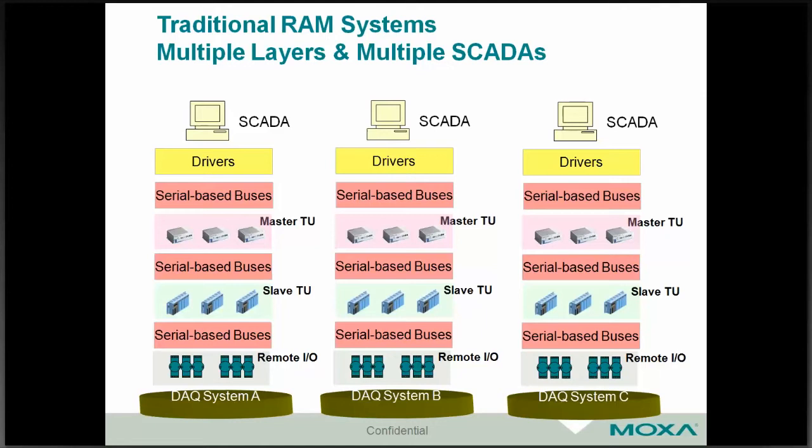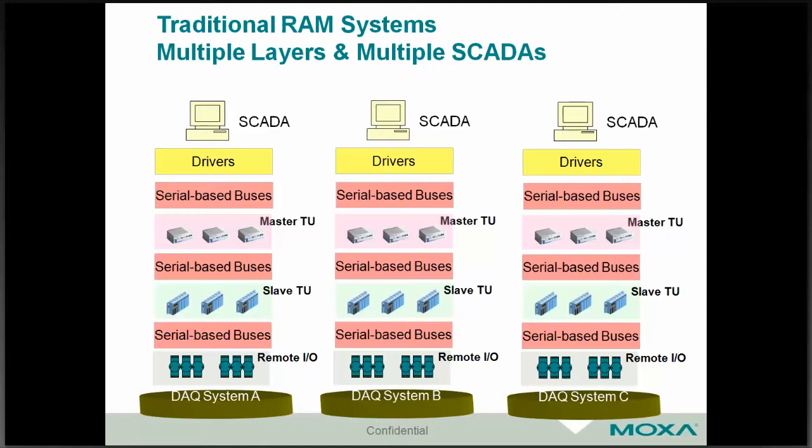As you can see, if you have a very, very large remote asset management system, normally you have to divide your system into subsystems, and those subsystems require multiple layers of data acquisition in order to have a successful remote data acquisition system in place.